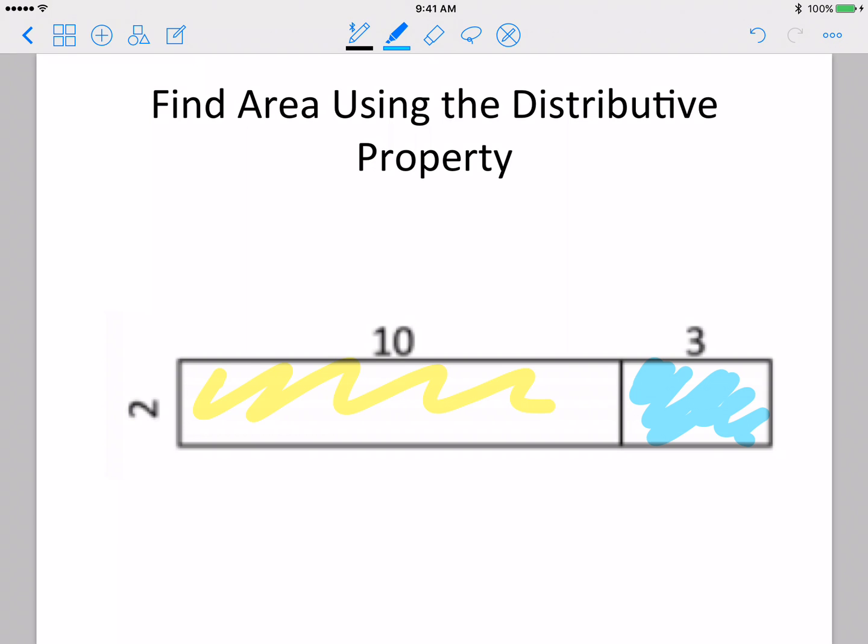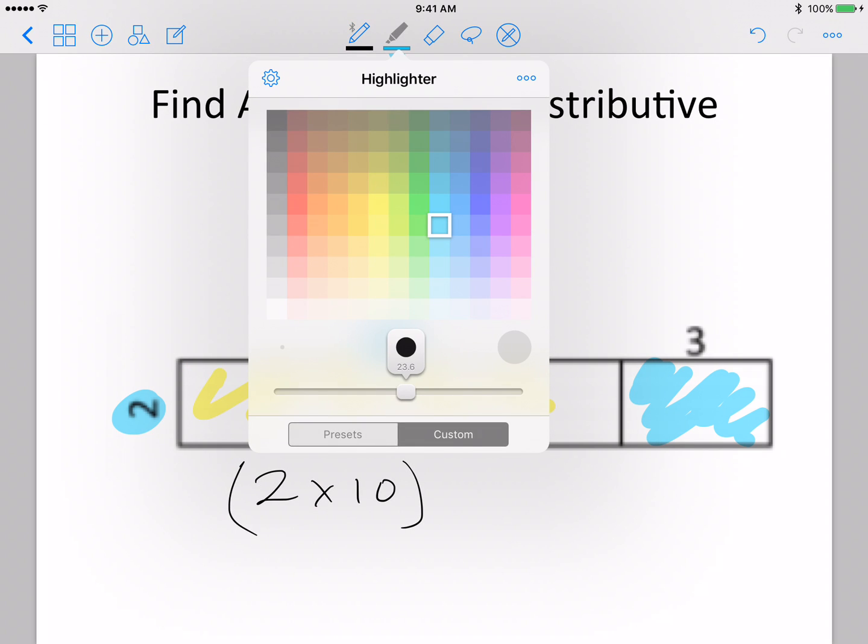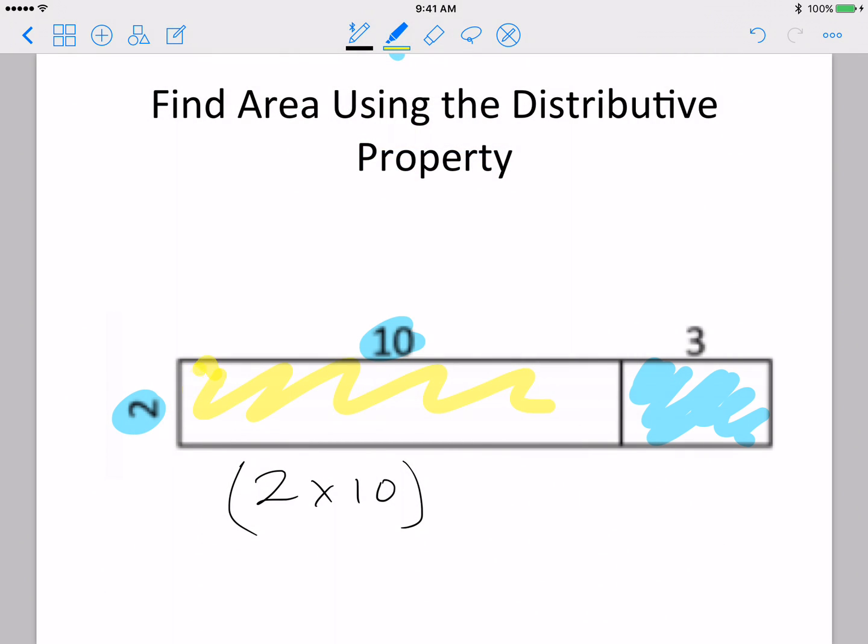So the idea is that you can multiply 2 times 10 to find the area of this rectangle. And then you're going to add it to the area of this rectangle here.